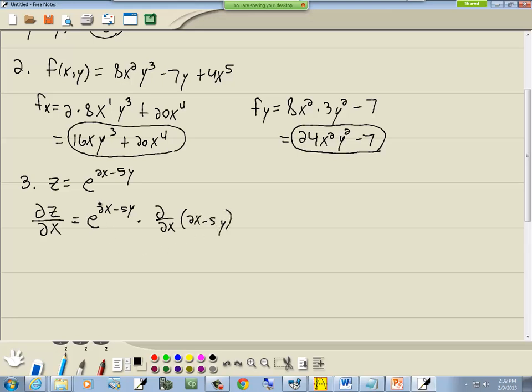Let me say that again. The derivative of e to a power is e to the power, but then you have to multiply it times the partial with respect to x of the exponent. Well, the derivative of 2x minus 5y in terms of x, the negative 5y drops away, and the derivative of 2x is 2. So we get 2e to the 2x minus 5y.